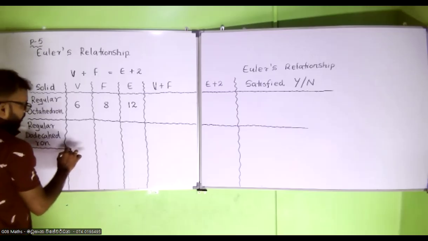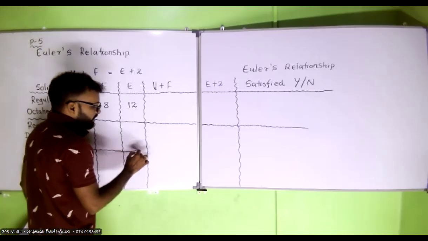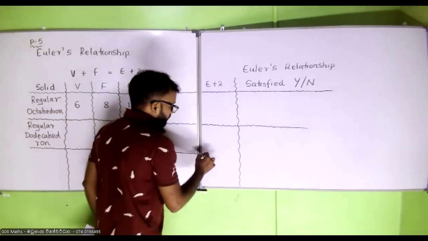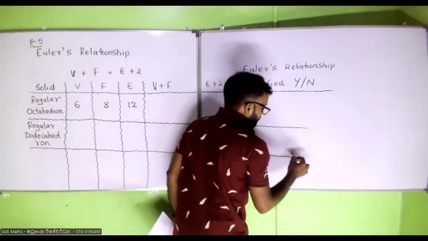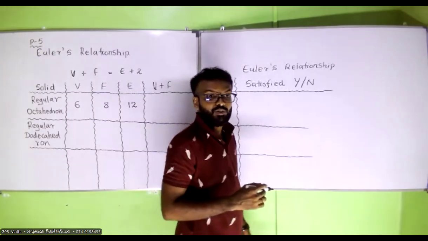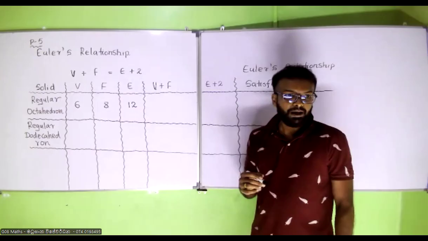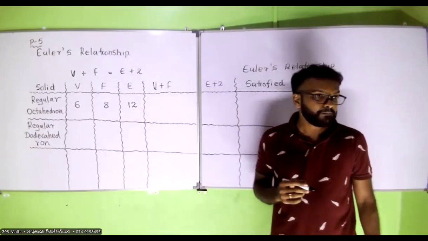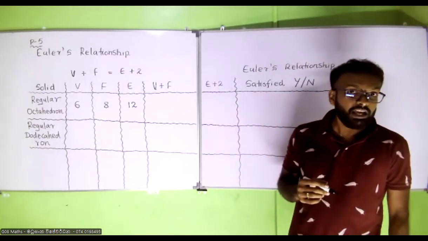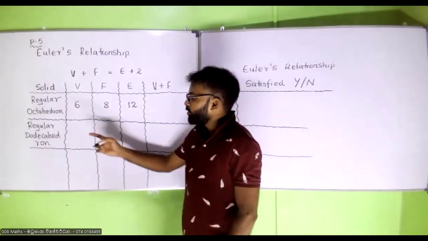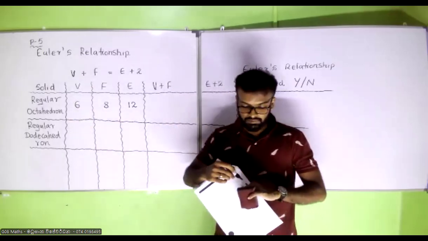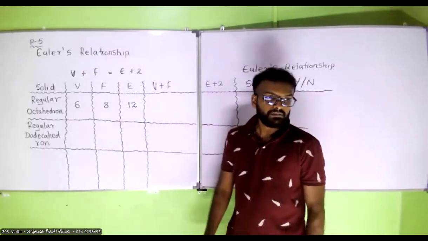Right. So who will get the chance to fill this one? V, F, and E? Regular dodecahedron. How many vertices are there? 20.